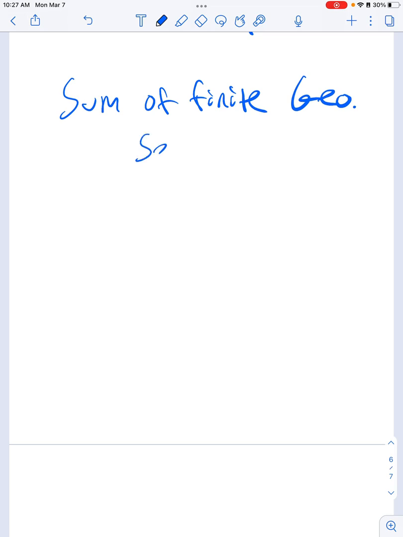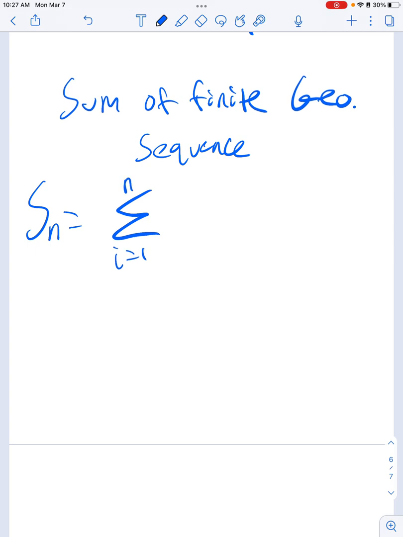All right. We also have the sum of a finite geometric sequence. So we have a formula to help us find the sum of a finite geometric sequence. Again, we use this symbol where we start at 1 and go to whatever term we're looking for.